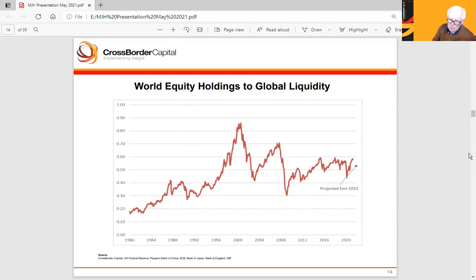Maybe in one or two areas you've got that, but I think generally to say that is wrong, because this chart measures the value of all world equity holdings relative to the pool of global liquidity. So if you've got a pool of world equities of something like 70-80 trillion dollars, that is relative to the pool of global liquidity of about 160 trillion.